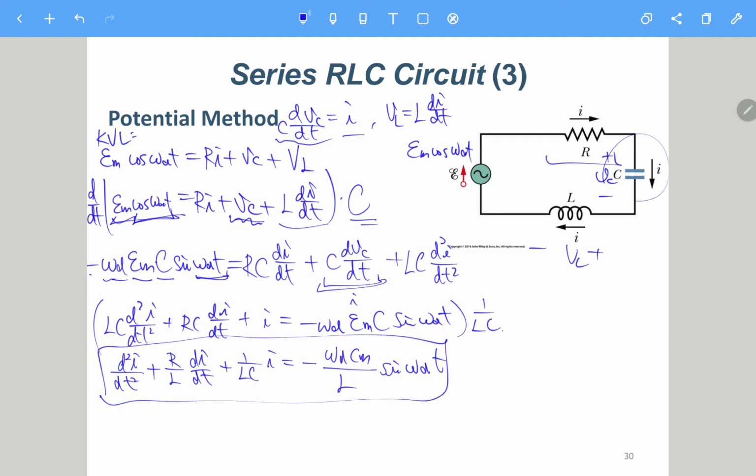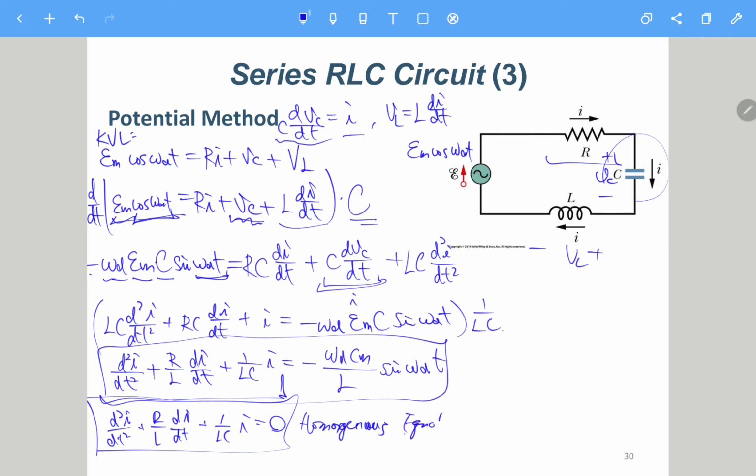In that case, this is the homogeneous equation, d2I dt2 plus R over L di dt plus 1 over LC I equals 0. So this is actually the homogeneous equation.